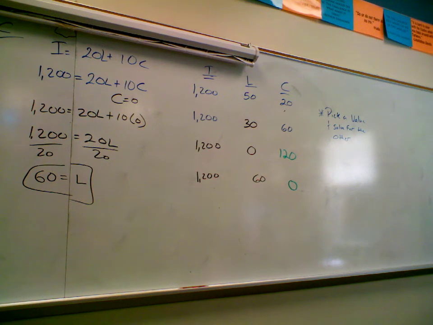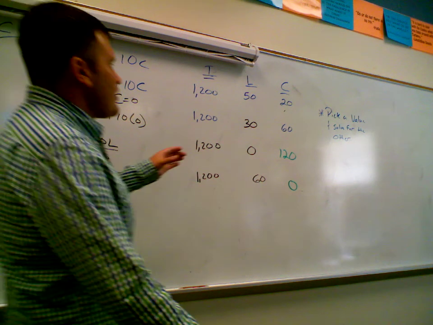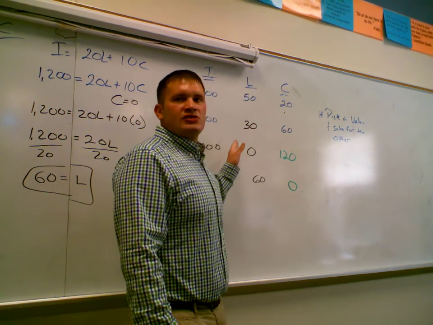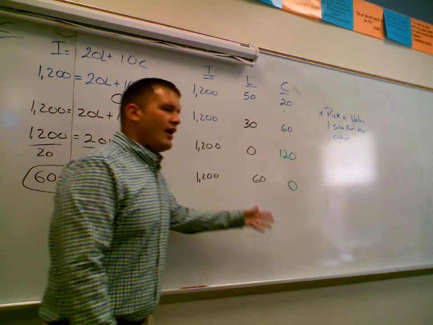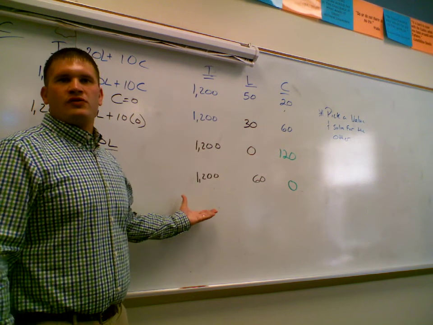Probably get some blisters on his hands. That's all right. All right, so does that make sense? Yeah. So now what those are over there, that table we made, those are a list of possible solutions for Brett to reach his goal of $1,200. So when they ask for a list of possible solutions, what they're asking you to do is find different combinations of the two variables that will equal what they picked for the third one.